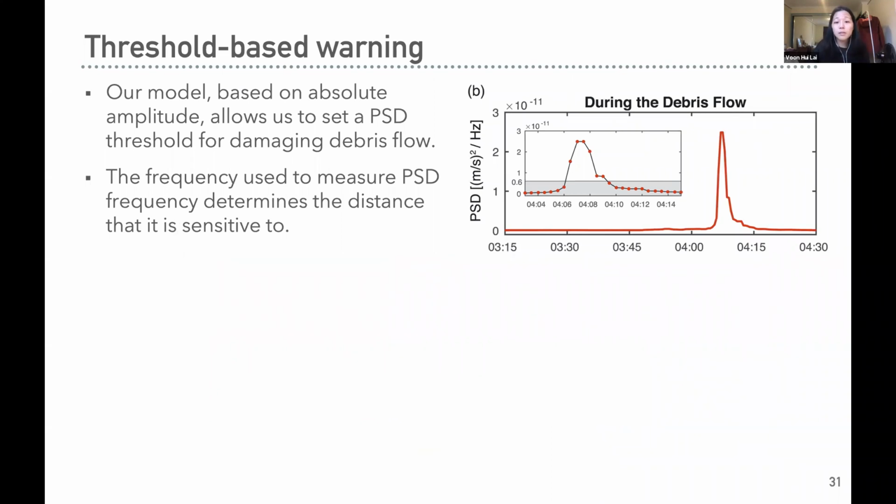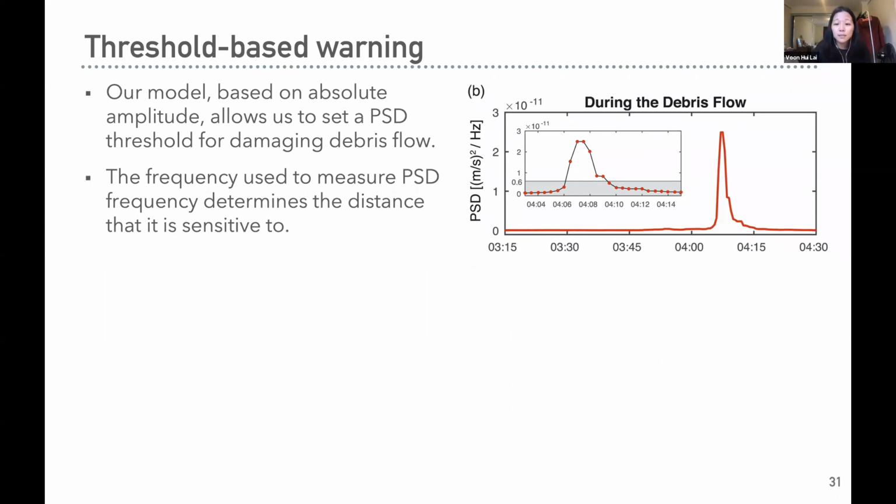So alternatively, our model, which describes the absolute amplitude, allows us to set a power threshold for damaging debris flow. The frequency used to measure the power determines the distance that the warning is sensitive to.